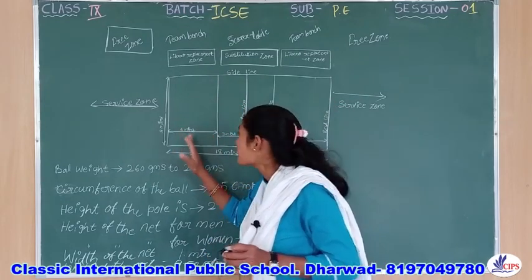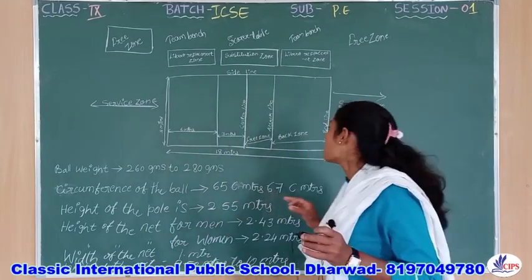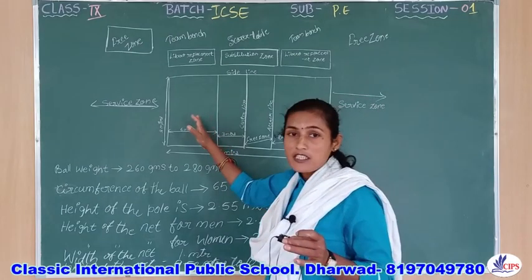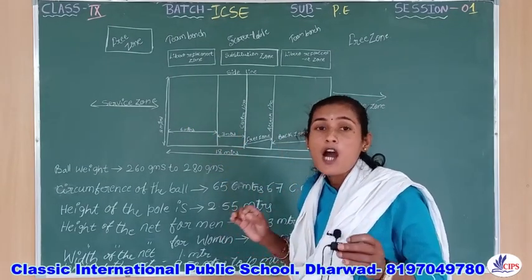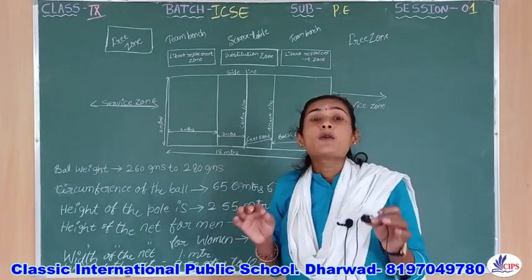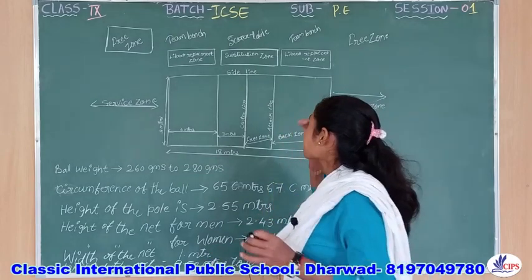Then behind this place is the back zone. Remember this. They may ask questions: how many zones are there in a volleyball court?